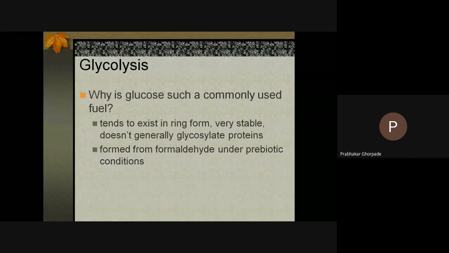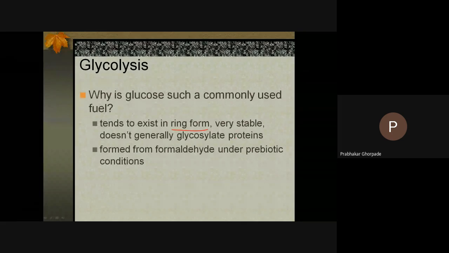Why is glucose so commonly used? Most of the time we see that the body uses glucose as a source of energy. Why? Because glucose tends to form a ring. If you see the structure of glucose, it is in the ring form. It is very stable and it doesn't glycosylate proteins. It does not easily react with other protein molecules in terms of glycosylating the protein.